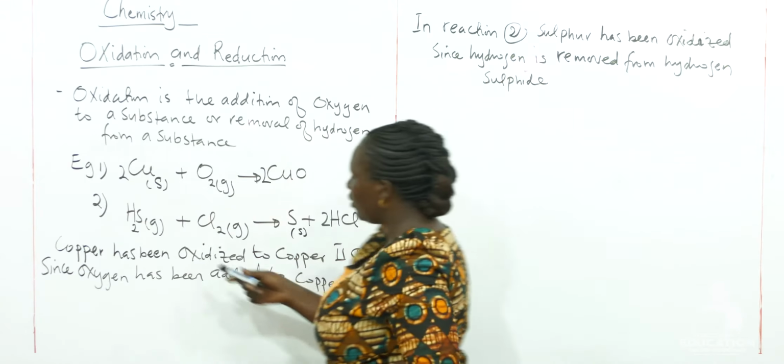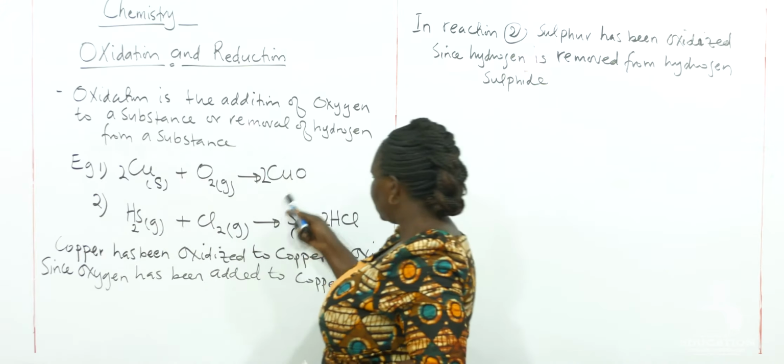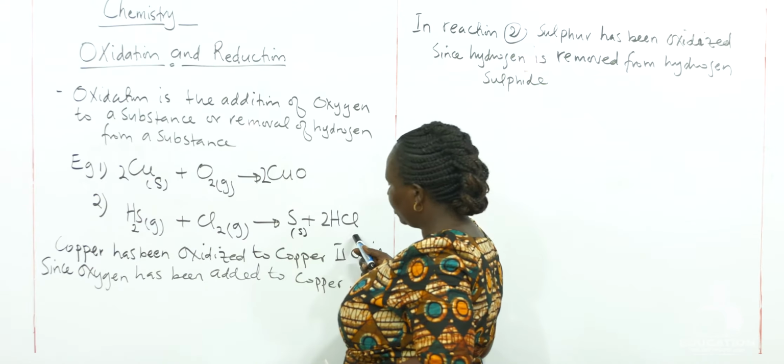So instead of hydrogen sulfide gas, we have sulfur plus hydrochloric acid.